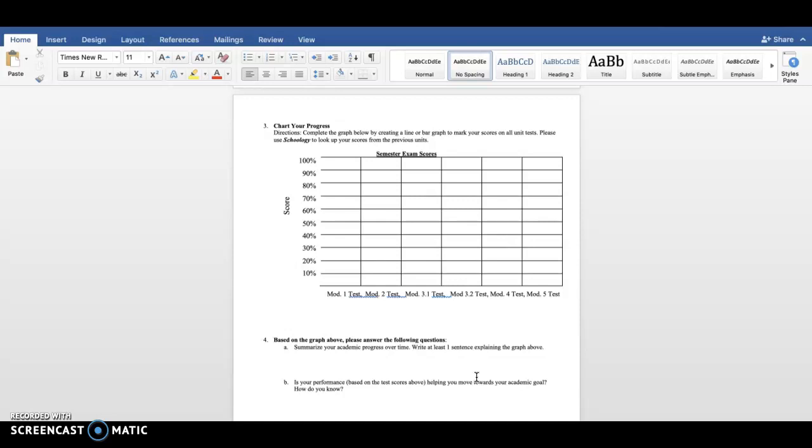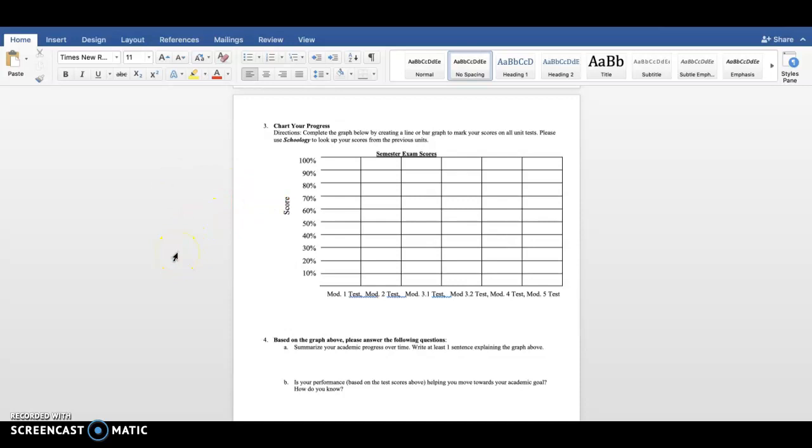And for this type of assessment that I'm giving my ELL high schoolers, it's a reading style assessment with multiple choice questions. So they're all similar in form. What I ask students to do is to find their scores on Schoology. That's the platform that we use for student grading.